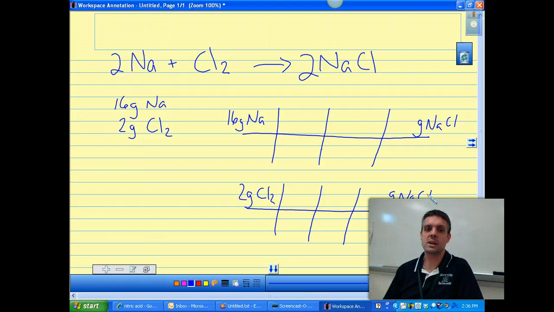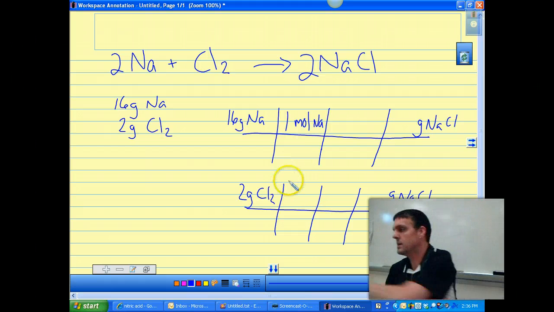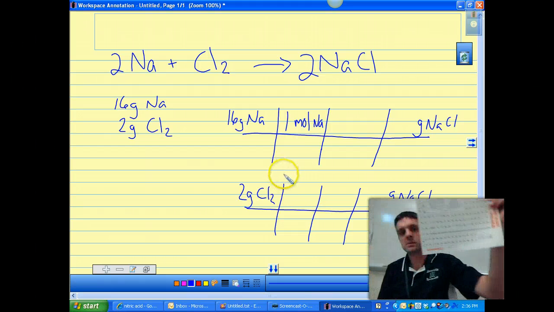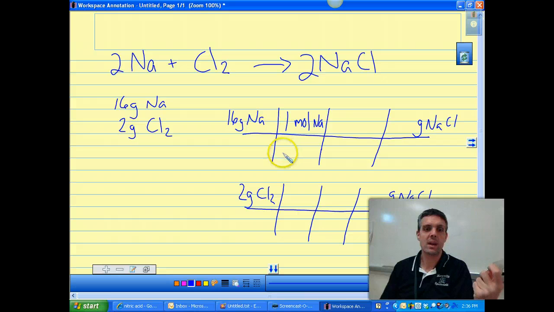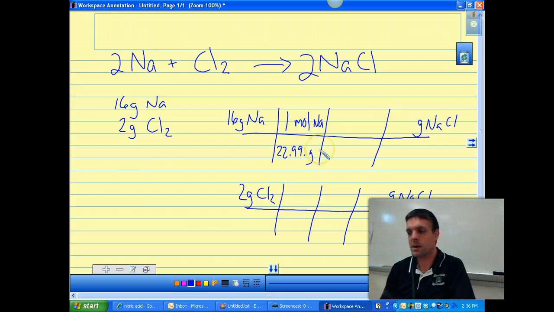And when we look at the periodic table, we can add the molecular weight of sodium for every mole of it. So for 1 mole of Na, or 1 mole of sodium, we look at the periodic table and we see that it is approximately 23, 22.99 grams.